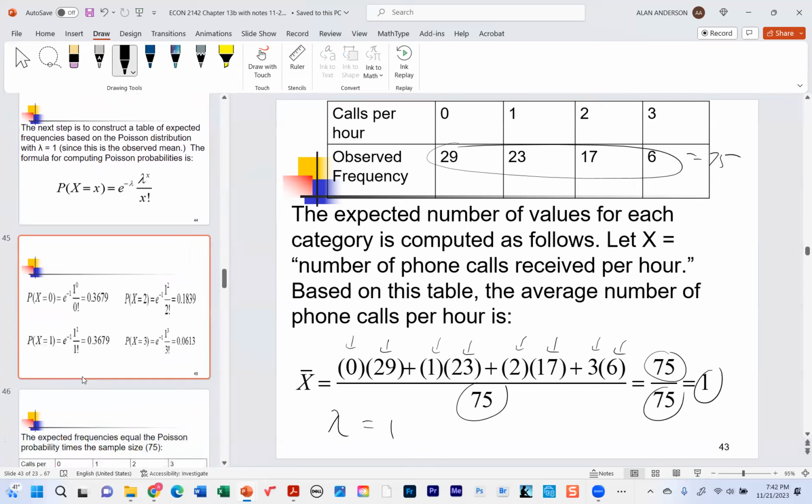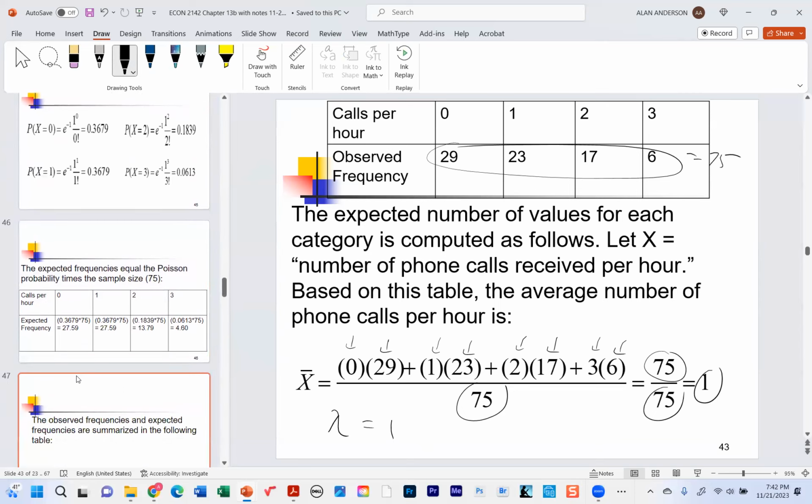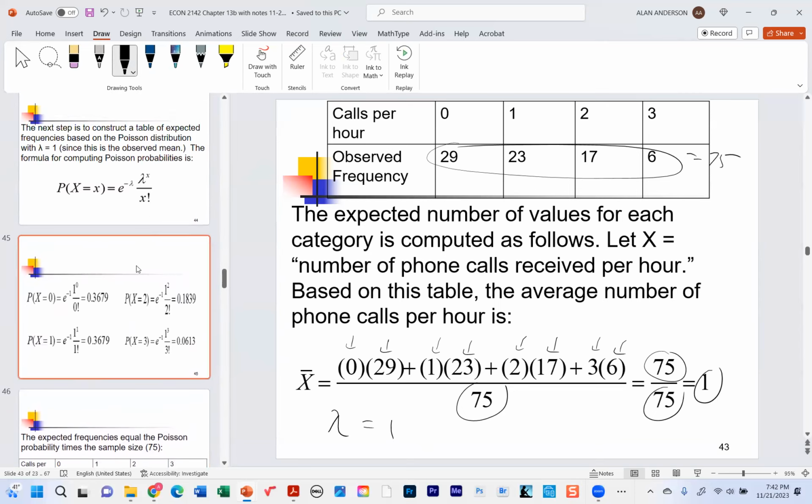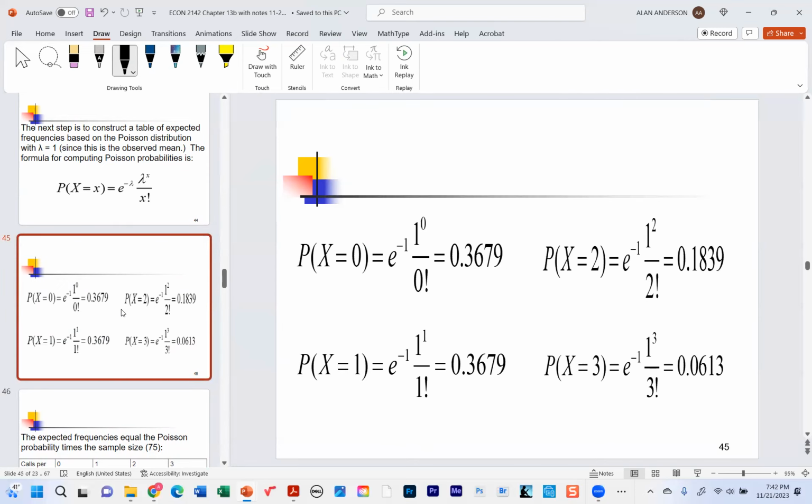Okay, let's do that. Now, what I'd like to do here is I've got this chart here with Poisson probabilities, and I just want to show you one or two of them, and then we'll just fill in the rest. So using the technique I just showed you, here we've got the actual formulas, but if you use your calculator, for this first one, you would tell it the lambda is 1 and the x value is 0.